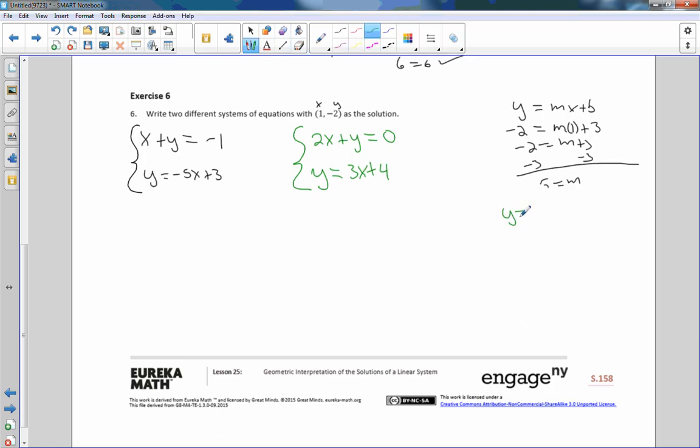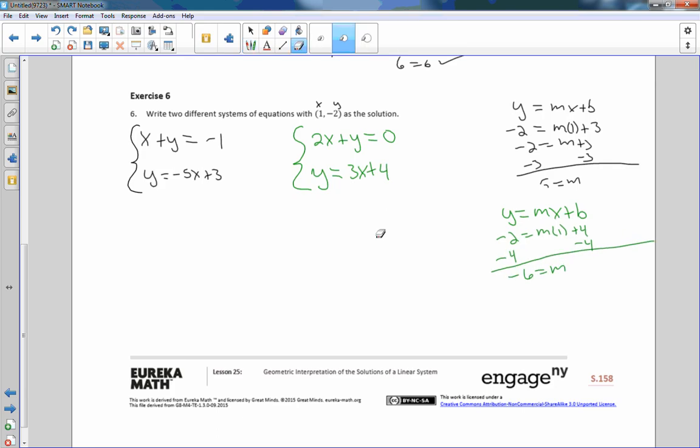So y equals mx plus b. Y is negative 2, m times x, and I chose 4 this time. Subtract 4 from both sides, and negative 6 equals m. So my slope is negative 6, plus 4.